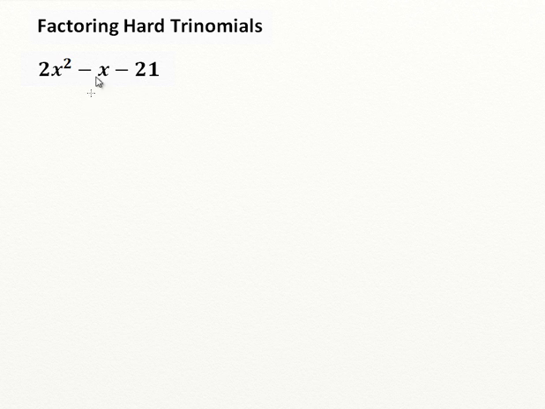Well, first thing we're going to do is take this a value in front and multiply it by the value at the end. So we've got 2 and negative 21, and that's going to give me negative 42. Let's not focus on the negative just yet, but rather on the 42.